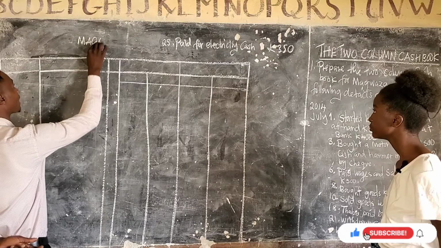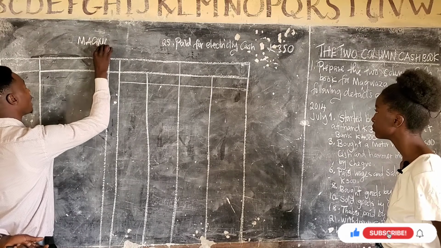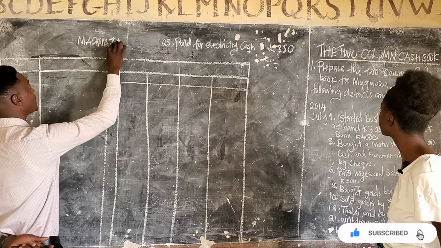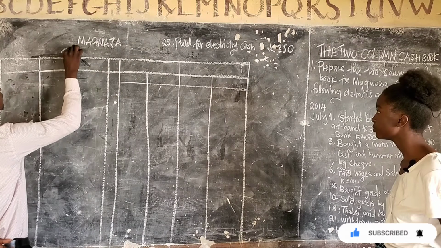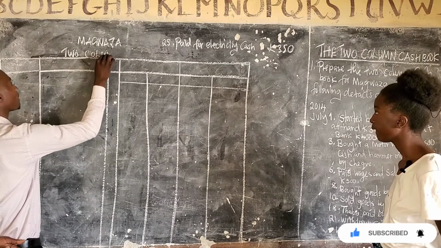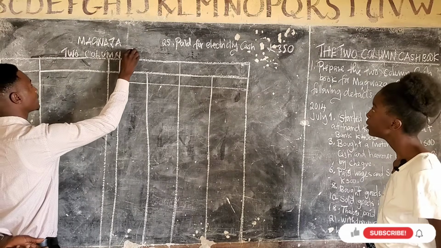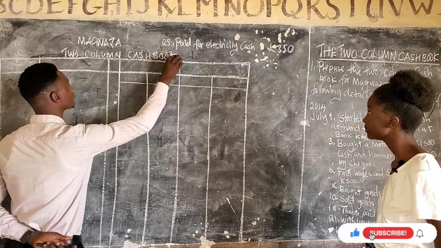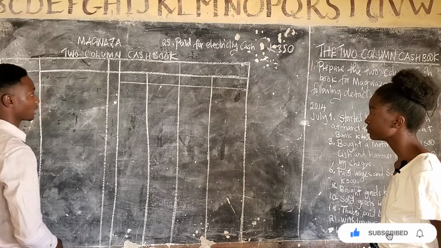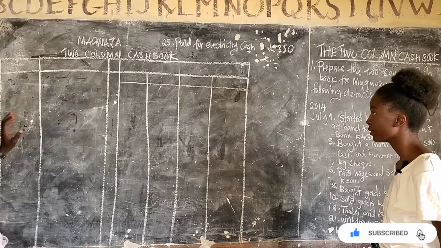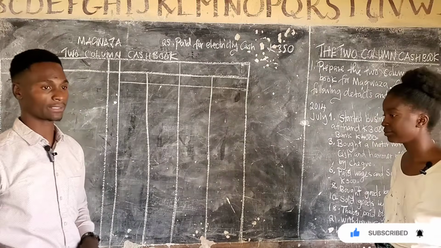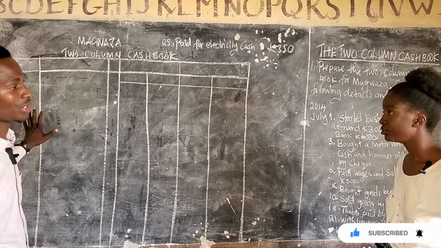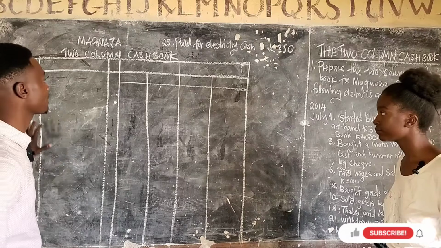So I'm going to write Magwaza, two-column cash book. The date we're going to write as the date column. It is for the month of July.